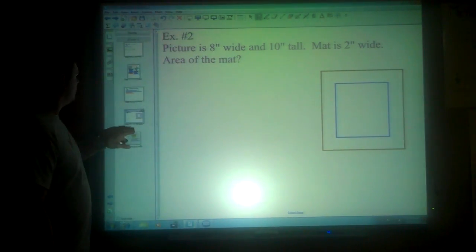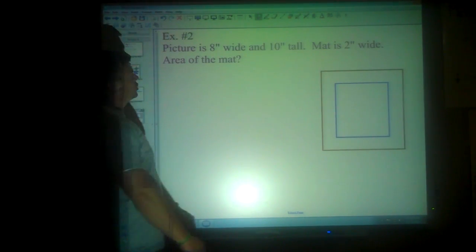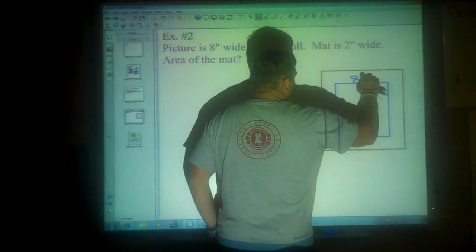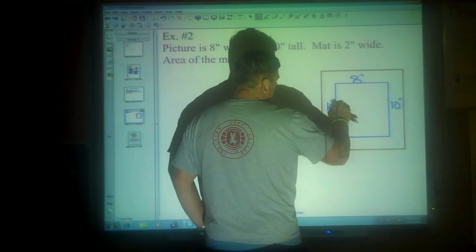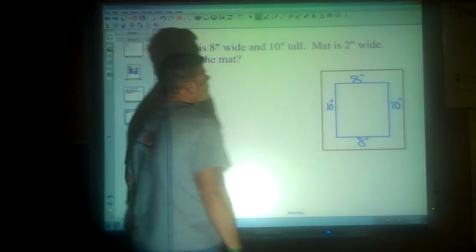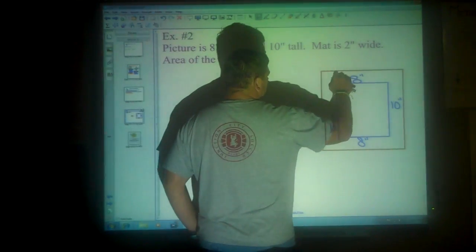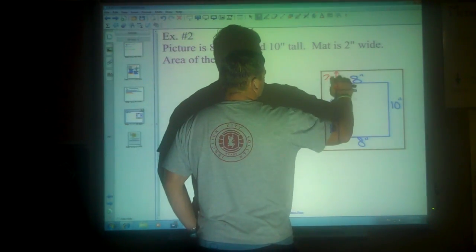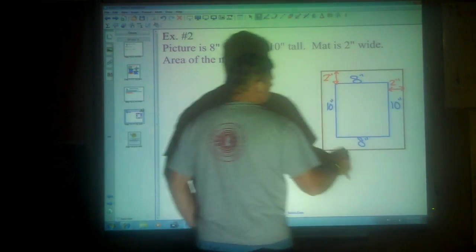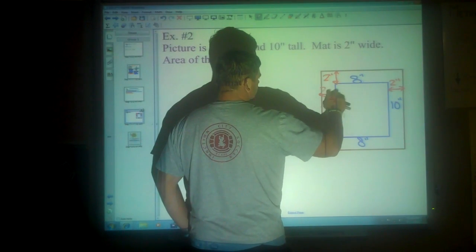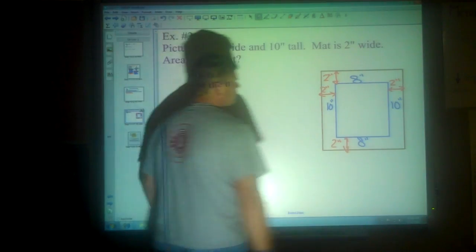I have the picture. Maybe now we think about labeling any unknown and known facts. So the picture is 8 inches wide and 10 inches tall. The matting is 2 inches wide. That means from here to here is 2 inches, and from here to here is 2 inches, and here to here is 2 inches, and here to here is 2 inches.